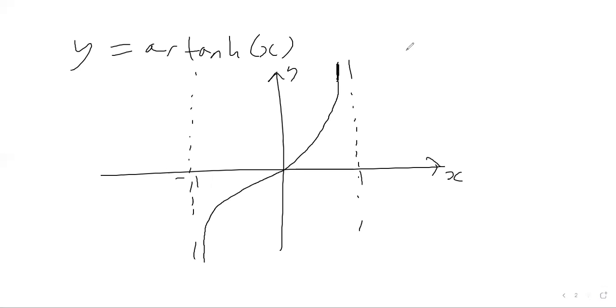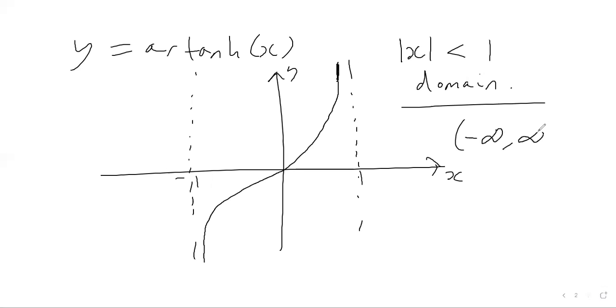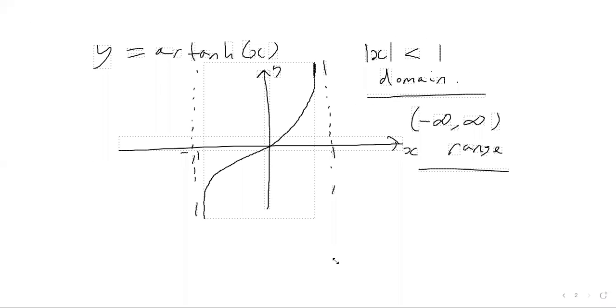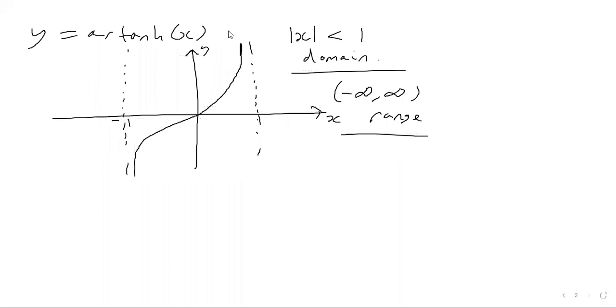So we can see that the domain of this function is modulus of x less than 1. That's our domain. We can also see that the range is negative infinity up to positive infinity. Okay, cool. Then we can use this information to help us work out the domain and range of the artanh of 1 over x function.